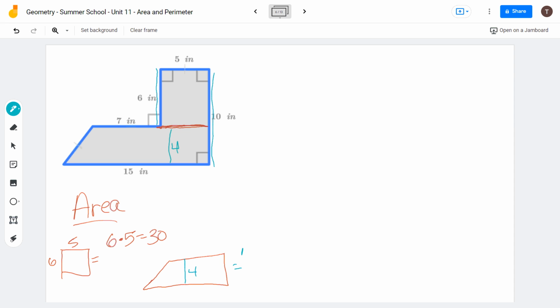Okay, so if I start to plug this in, area equals 1/2, I said, H, and then A plus B. So I plug in, H is 4. Now the A, we can call that like the top. It doesn't matter, but we'll call it the top. I know this is 7 right there, and I know this is 5. So the top base would be 12. The bottom base is 15.